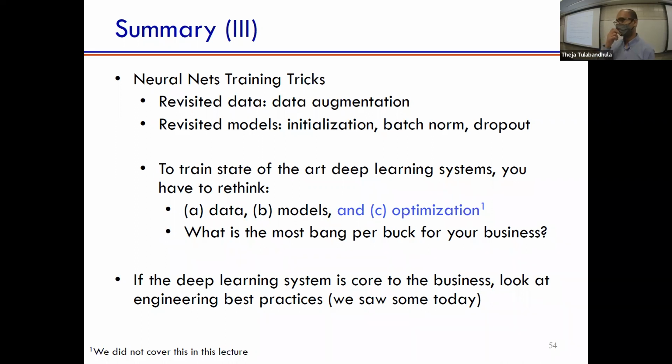We'll see several such applications in subsequent lectures, like chatbots, image captioning, and image generation of realistic images, and so on. There are many different such applications. Okay, that's it for today.